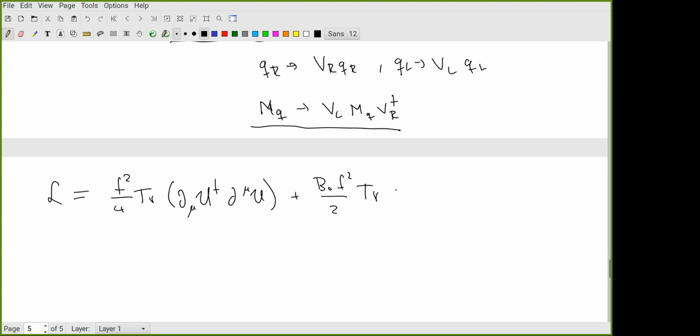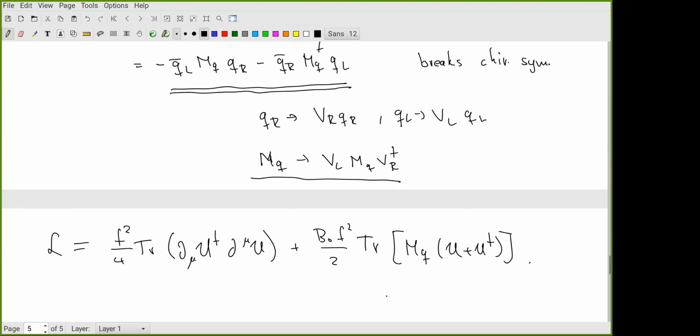And it looks like this: trace of m_q (U plus U dagger). So as an exercise, you can check that again, this term is invariant under the chiral symmetry if you assume this transformation property of the mass matrix.